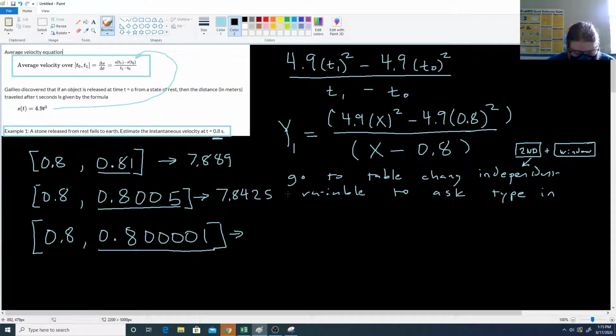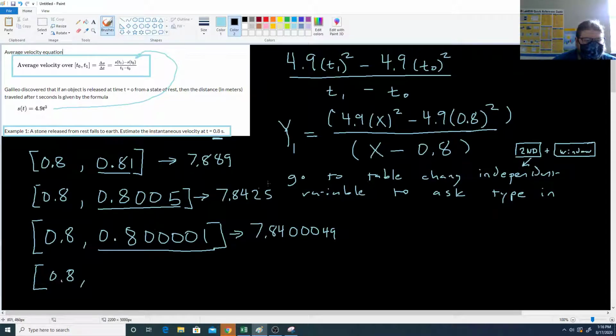Let me put in 0.8 with 4 zeros and a 1. That gives me back 7.840049. And I said I wanted to do this out to three decimals of accuracy.